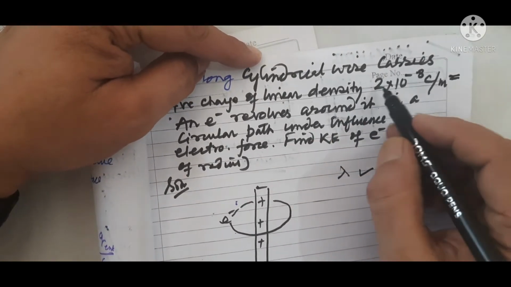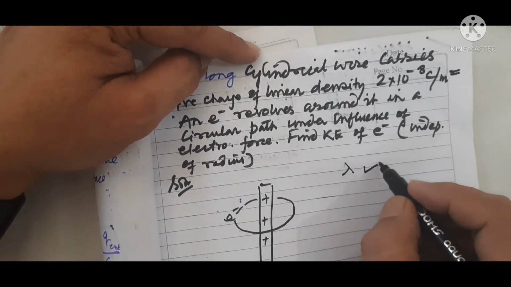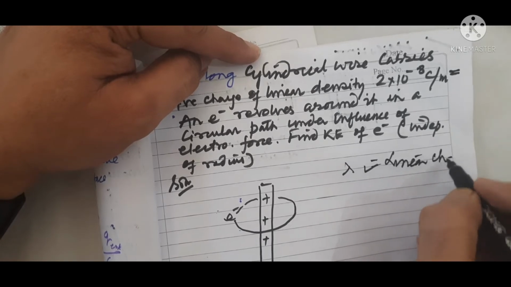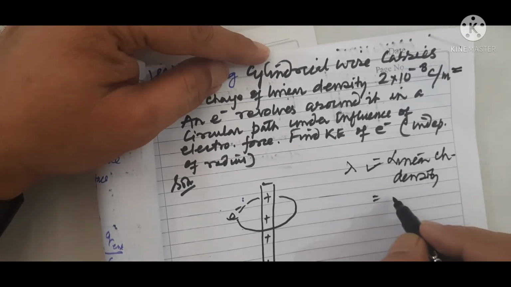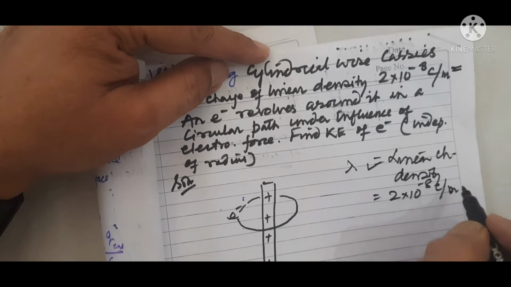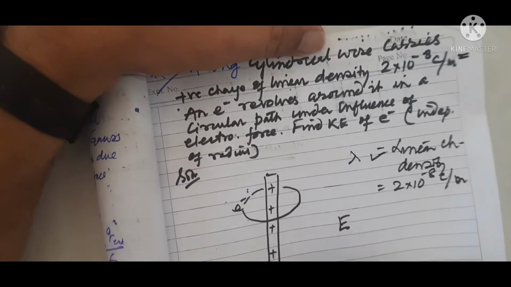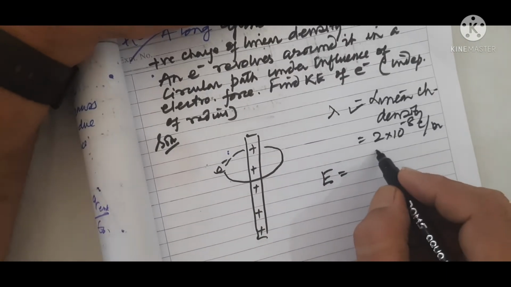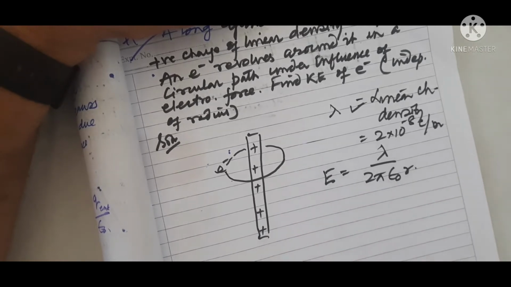Linear charge density is 2 × 10^-8 coulomb per meter. And we know the electric field intensity around this charged rod, which we have already gone through: lambda by 2 pi epsilon naught r. This we should know.